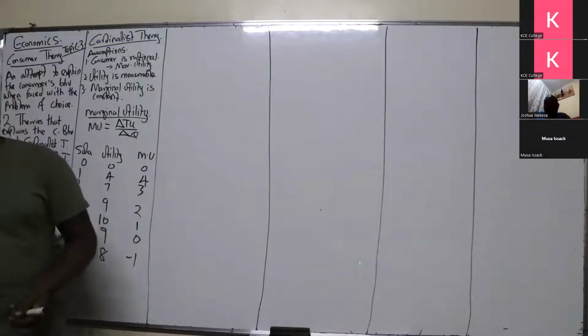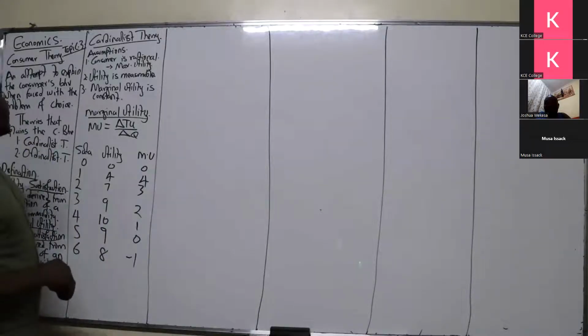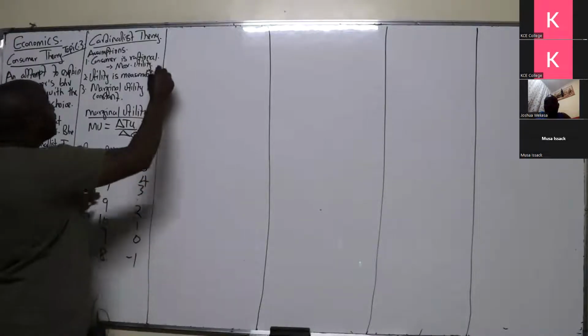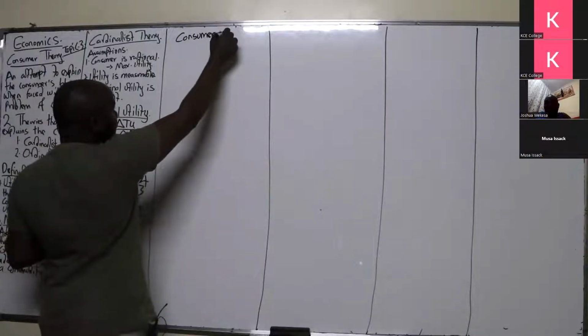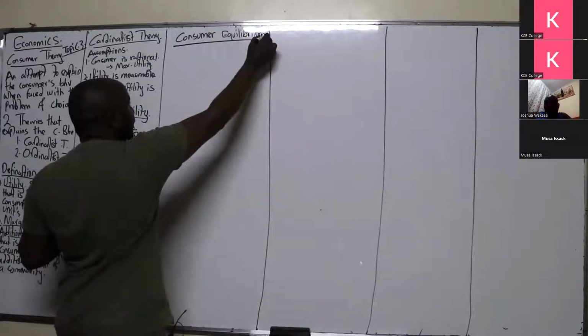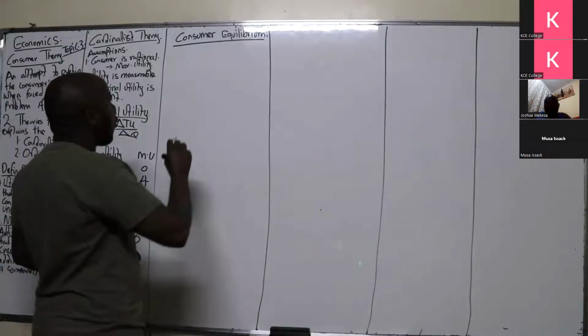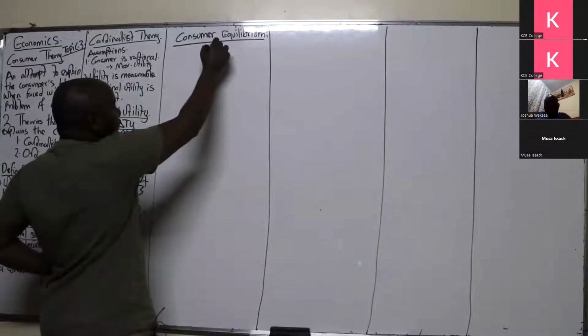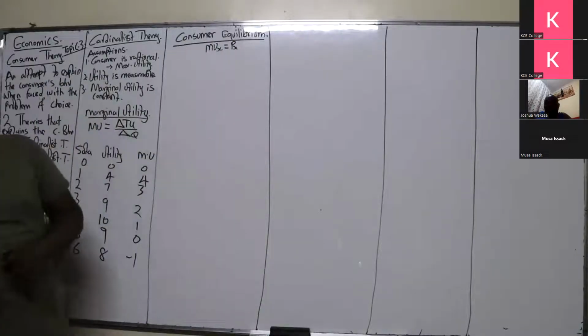So the next thing that we should know is about consumer equilibrium in this theory. In this theory, the consumer is at equilibrium where the marginal utility of X is equal to the price of X. Are you together?